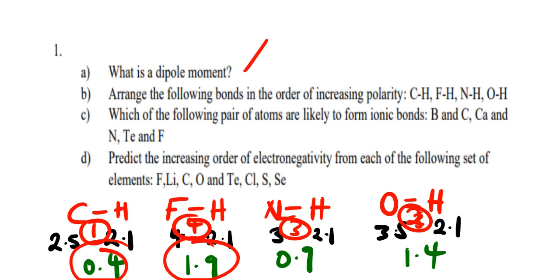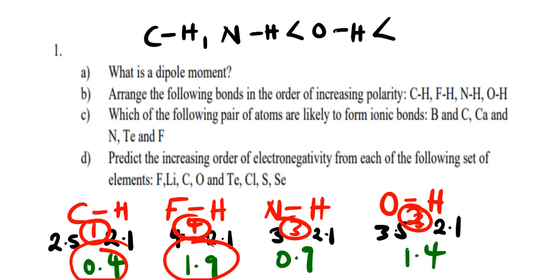So we're going to say C to H first. Then we're going to move to the second one, which is N, so N to H. Then we move to O to H. Then F to H. So that's how we are going to write our expressions.